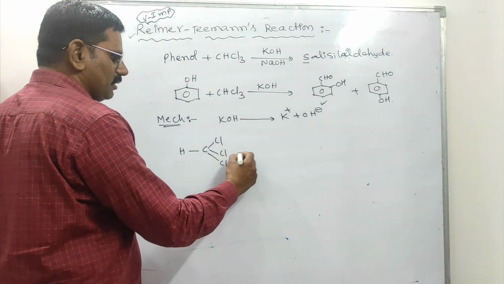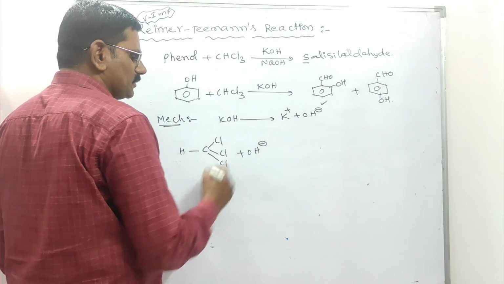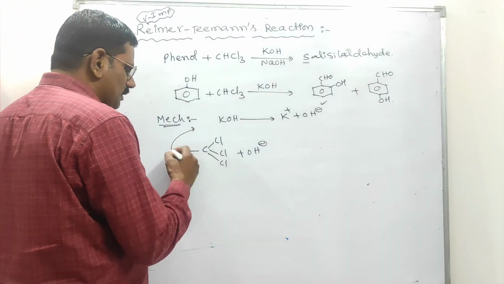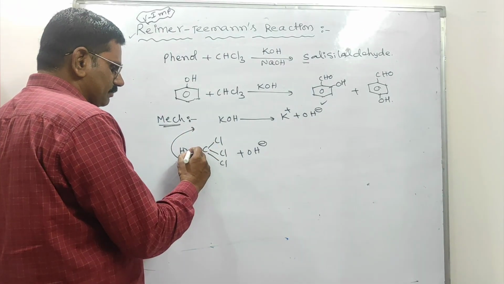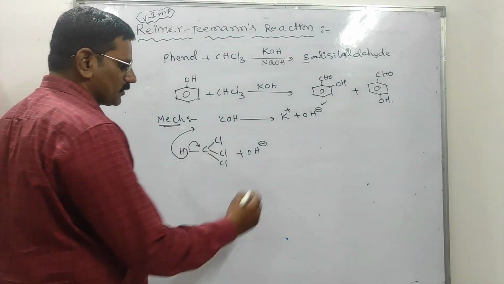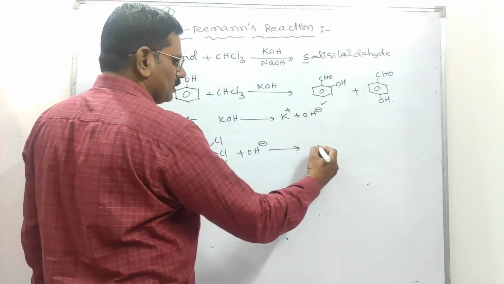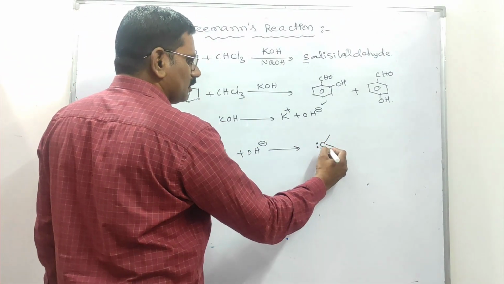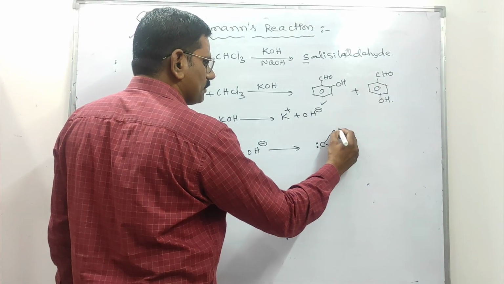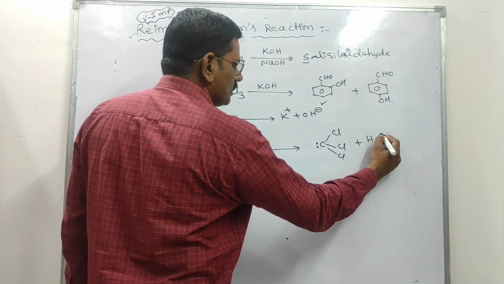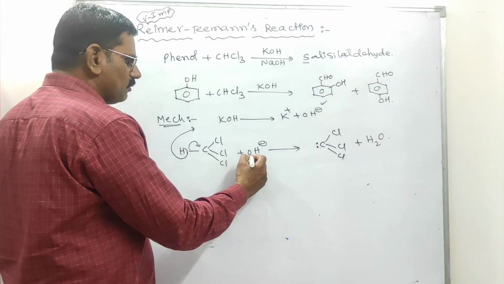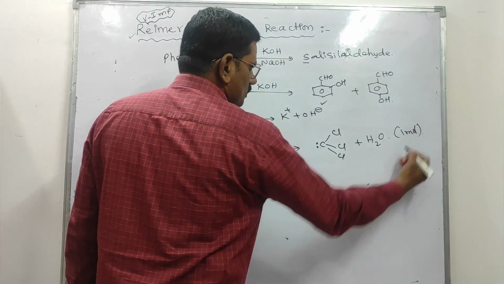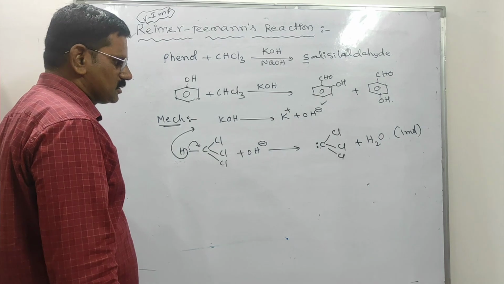Whenever OH- ion is reacting with chloroform, it abstracts hydrogen, and this bond comes here. Now it is a minus charge, 3 chlorine atoms are present and a water molecule is removed. Here 1 mole of KOH or NaOH is involved during this process.